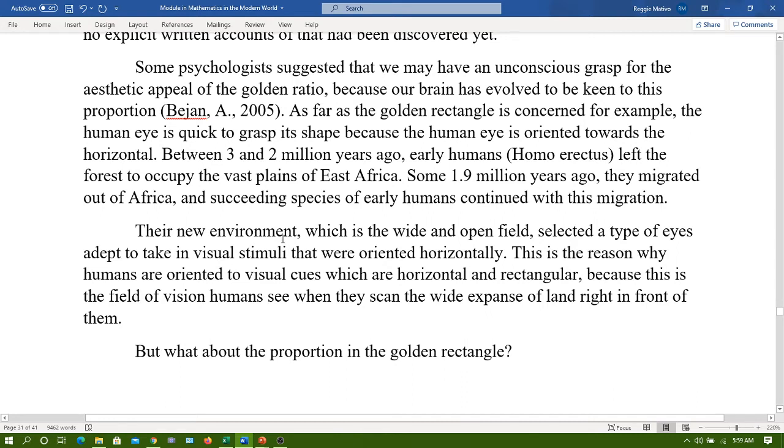Their new environment, which is the wide and open field, selected a type of eyes adept to take in visual stimuli that were oriented horizontally. This is the reason why humans are oriented to visual cues which are horizontal and rectangular, because this is the field of vision humans see when they scan the wide spans of land right in front of them.